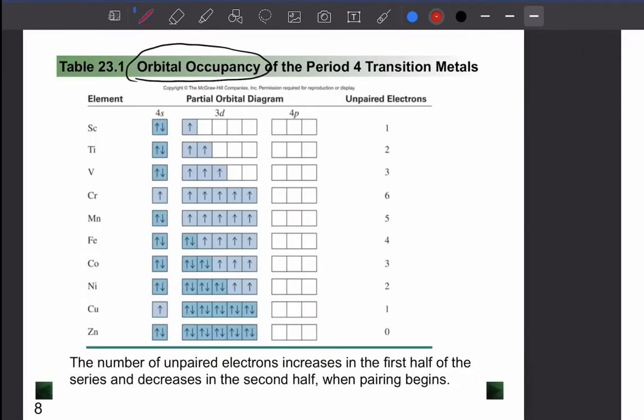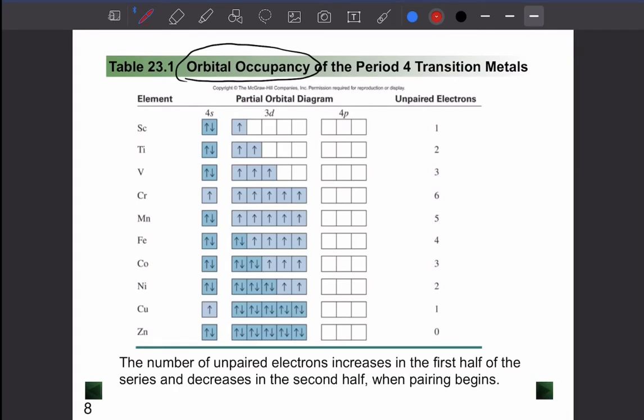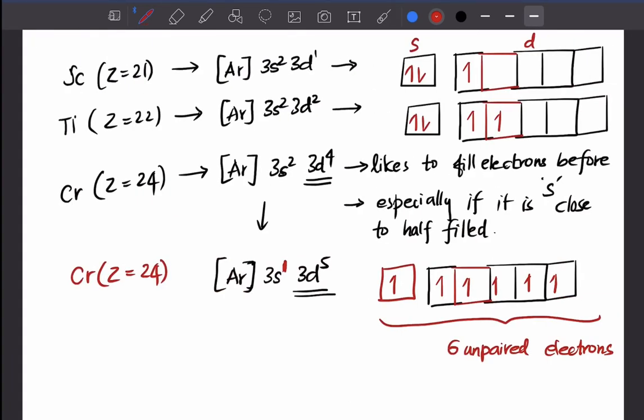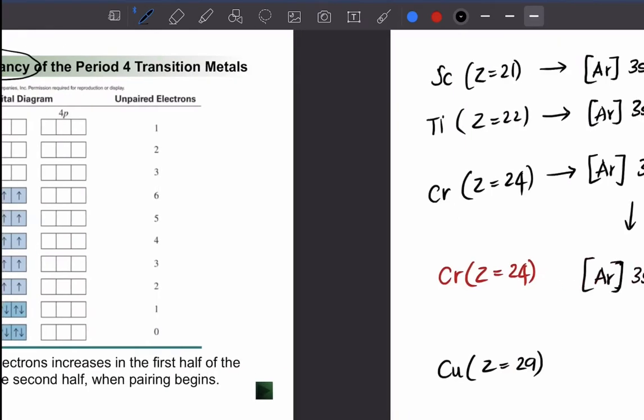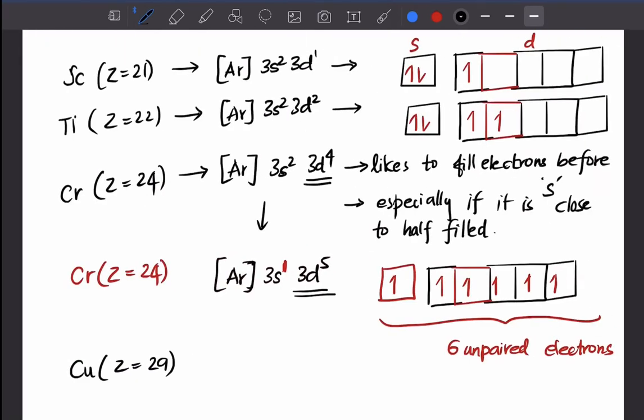Now, another element that I want to focus on is copper, which has an atomic number of 29. When you write the configuration, the original configuration would be argon 3s2, 3d9.